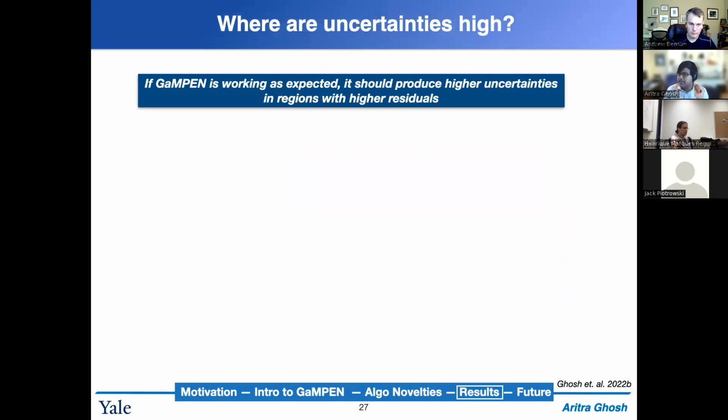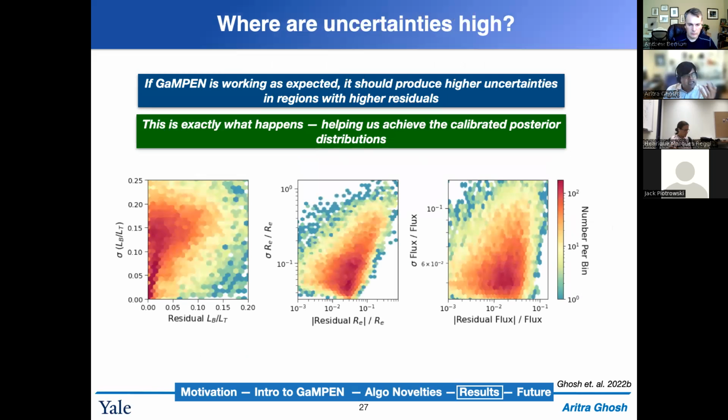But again, the question is, okay, we are doing worse in these specific parts of the parameter space, but are uncertainties also high for these parts? Because if it is working as expected, it should produce higher uncertainties in the regions where higher residuals are present. And this is exactly what is happening. What I show over here is, on the x-axis, the different residuals, and on the y-axis, the sigma, which is essentially the width of the predicted distribution. Note that we don't expect a one-to-one correlation between residuals and sigma. They should just be correlated.